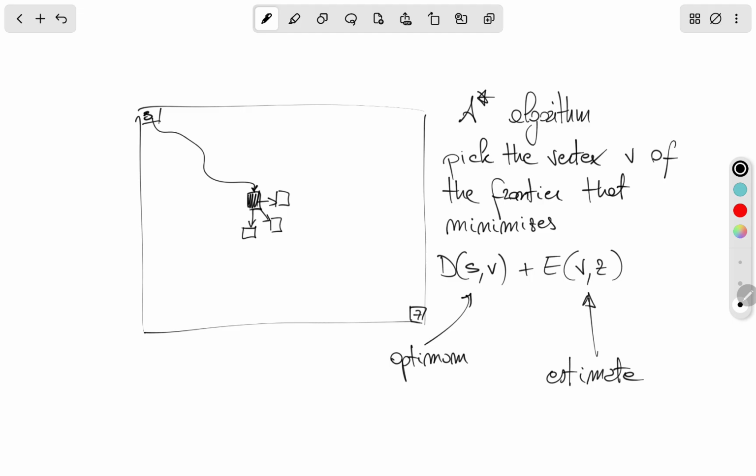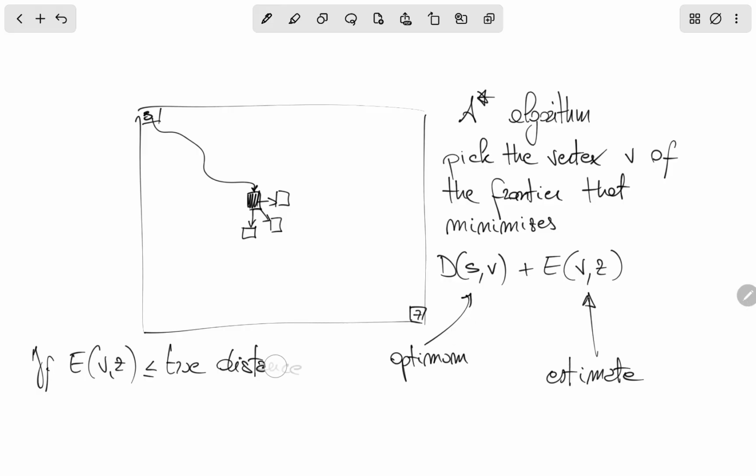The important property is that if my estimate is smaller than or equal to the true distance, so if my estimate is always smaller than the true distance, then A star always finds an optimal solution.